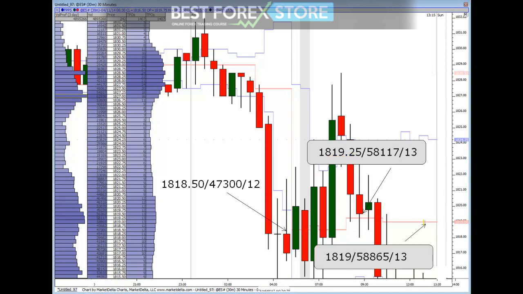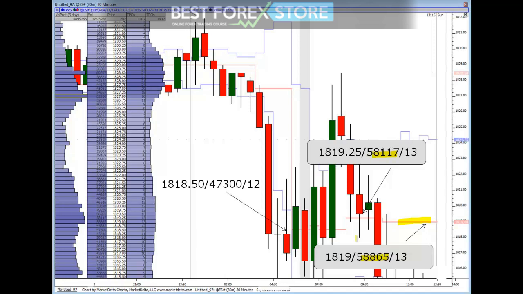Now let's take a look here at the shift. It dropped from 1819.25 to 1819, and look at the difference in volume. Very slight difference, but still the VPOC is the greatest level of volume, and so it dropped from 58,117 to 58,865.